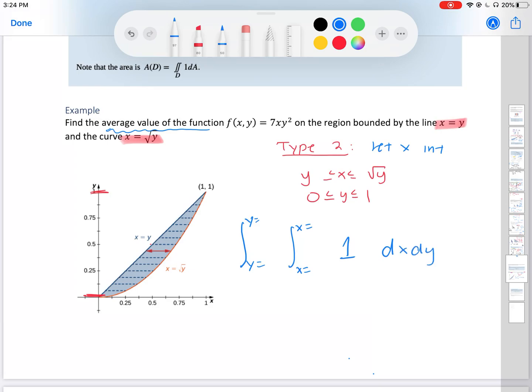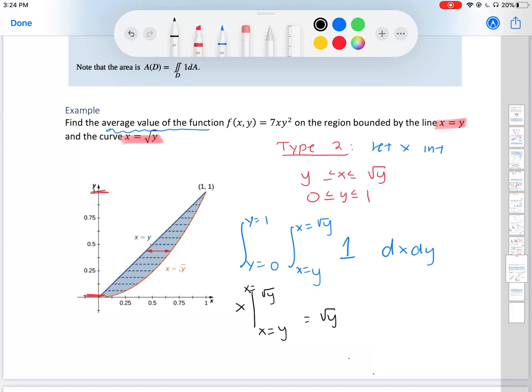So we have x equals square root of y to y, and y from 0 to 1. All right, we find the area of the enclosed region by integrating 1. Let's do that work really quick. If we integrate 1, we get x. We evaluate when x is equal to square root of y and x is equal to y.